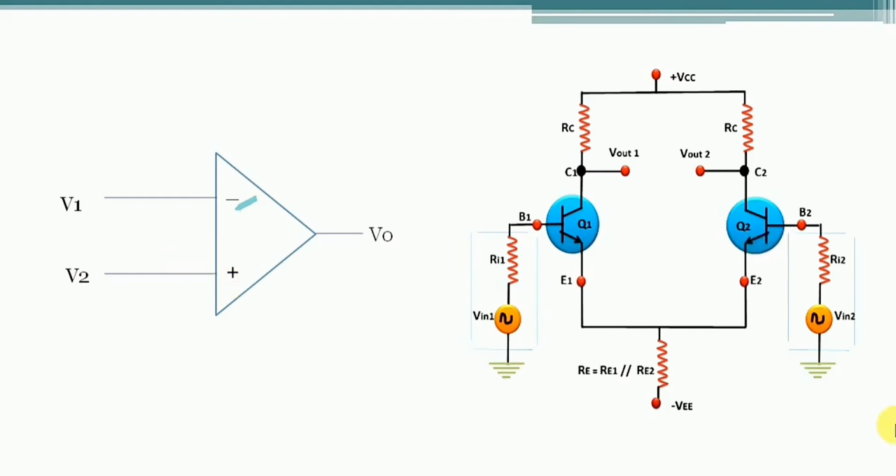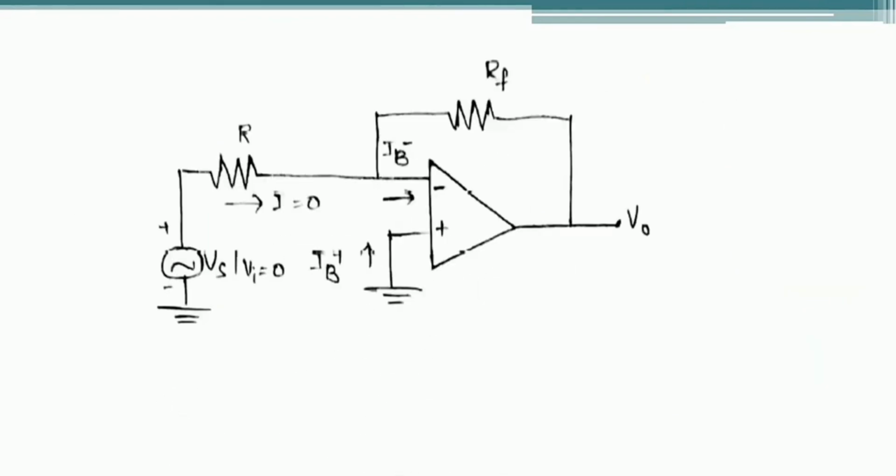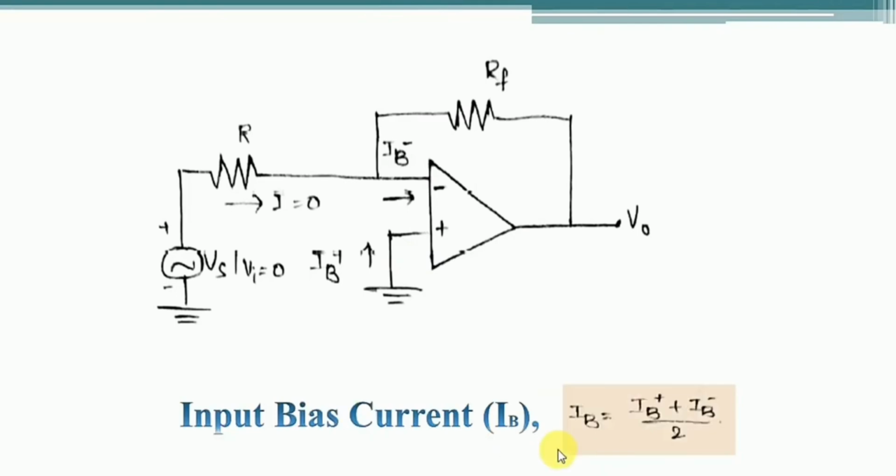The input bias current is defined as the average of the currents IB minus and IB plus. So we can write the equation of input bias current as IB equals (IB plus plus IB minus) by 2. This is the average of the two bias currents drawn at the input terminals of an op amp.